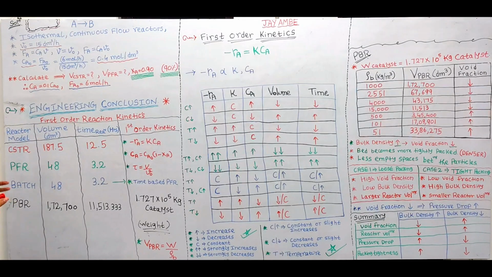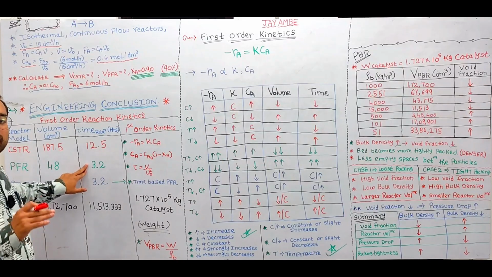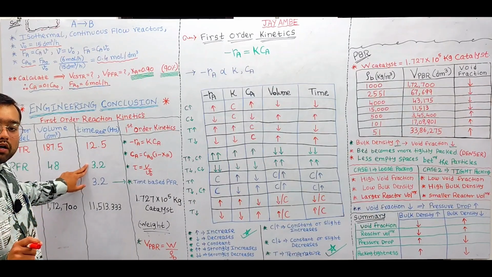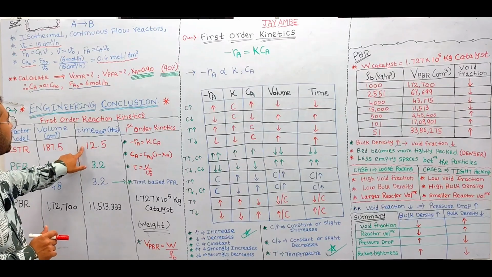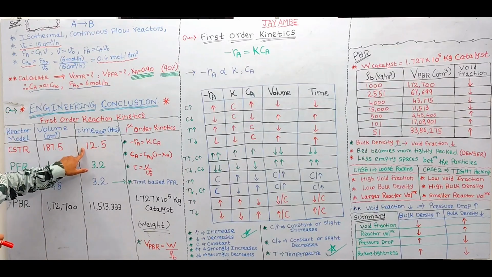So due to those reasons, we will select PFR as the reactor model, in which we require a lesser volume of 48 cubic decimeter as compared to the larger volume of the CSTR, and a lesser reaction time of 3.2 hours in comparison to the CSTR reaction time, which is 12.5 hours.